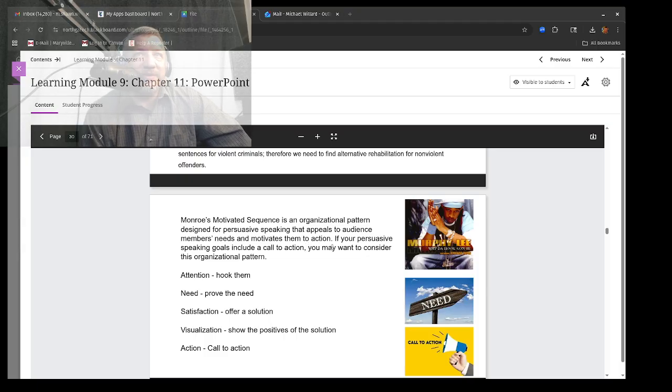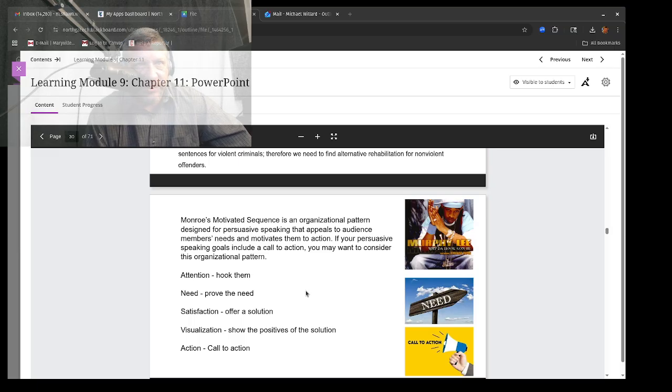I'll get one soon. If your persuasive speaking goals are call to action, you might want to consider this organizational pattern because it tends to be successful. Attention. You need to hook them. What is the hook going to be? I don't know. Ask Murphy Lee. But no, seriously. Find a hook. Get them, draw them in. Show them the need.